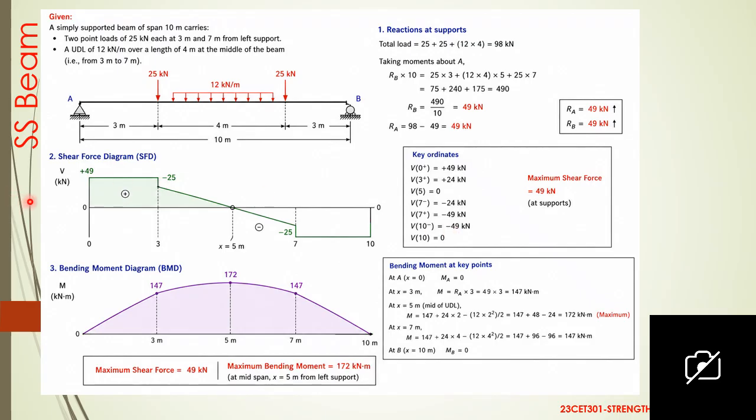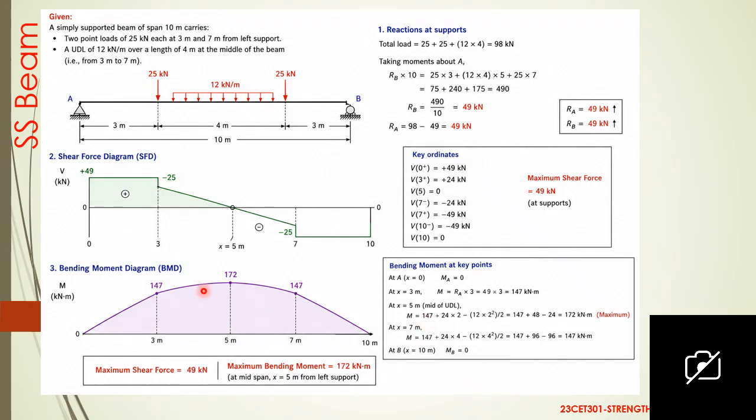You can see upward reaction, no force, downward point load, downward UDL, downward point load, no force, upward reaction. Here 49 minus 25 is plus 24, and this one is minus 24. This point is minus 49, and this point is also minus 49. You can easily draw the shear force diagram.